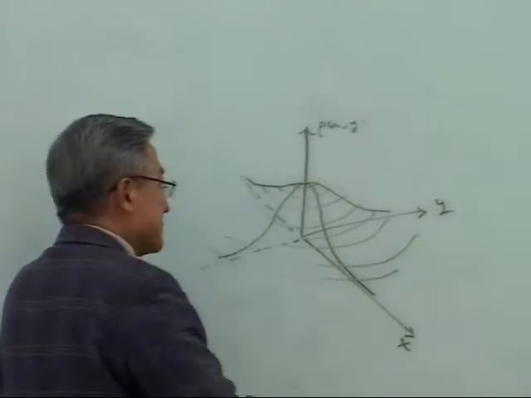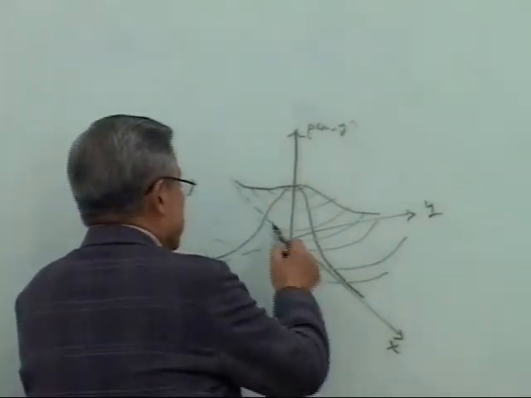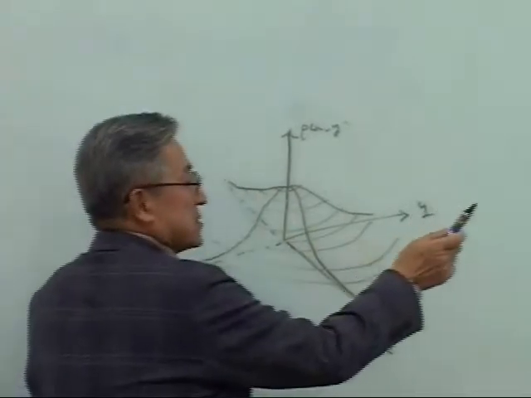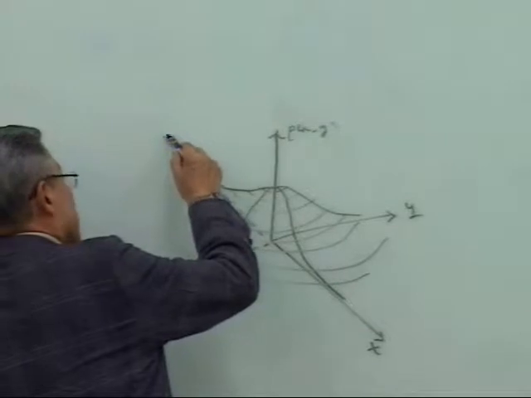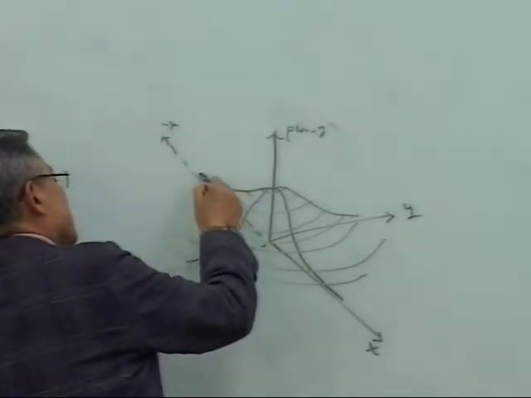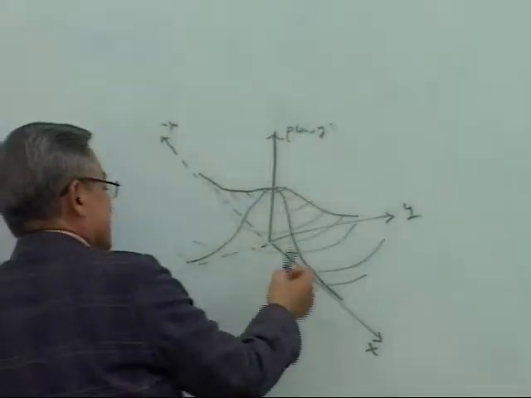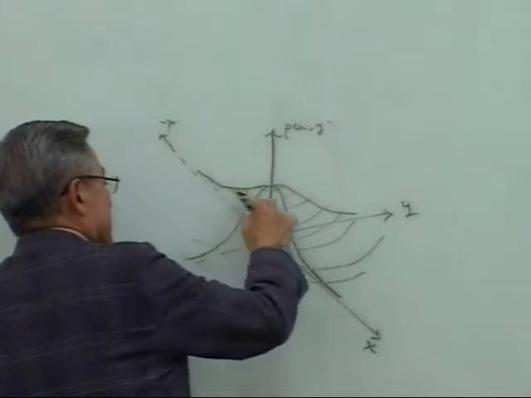Look at this. I'm going to set x to negative infinity. This is a negative x. It just goes across a section in the x-p plane like this.